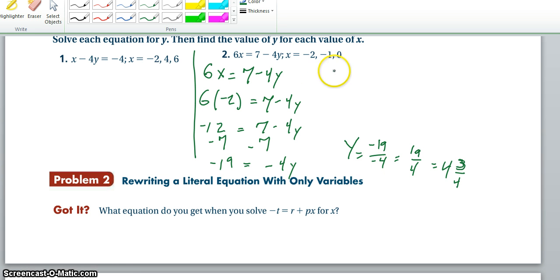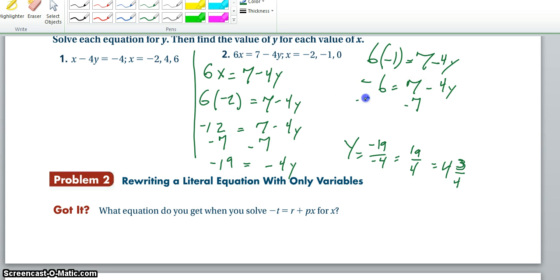Alright, so then if we do that again, but we take 6 times a negative 1 equal to 7 minus 4y. Sorry, my pad's being kind of weird. We get negative 6 equals 7 minus 4y. We can subtract 7 from both sides.